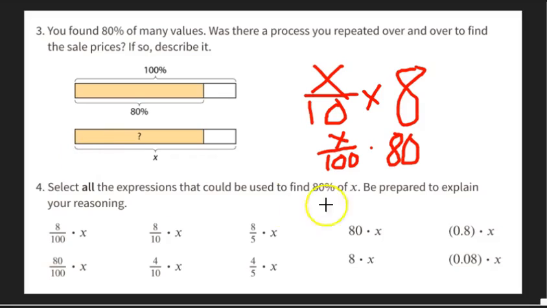So take a look at all of these. Which other of these could help you find 80%? Yeah, this one would have. Oh, 80% of X. So not that one. But this would end up working out for us to find 80% because we need 8/10 of the total.